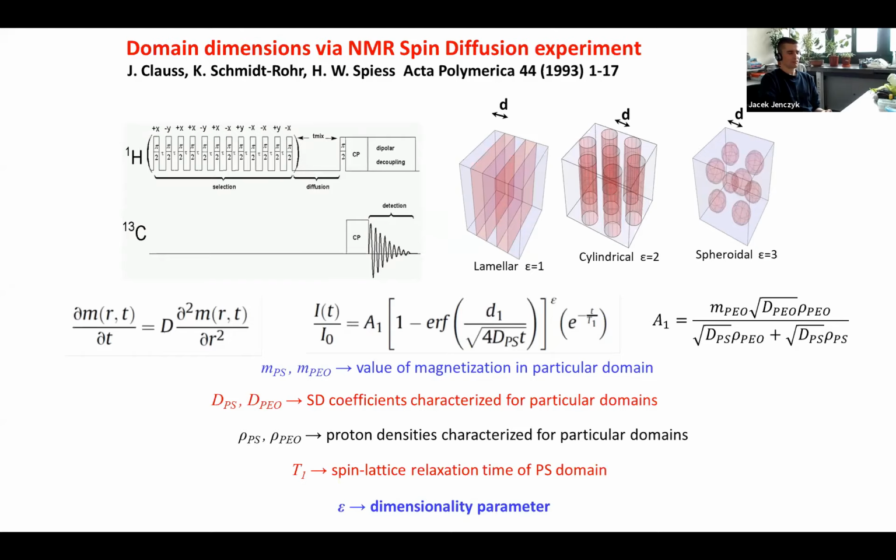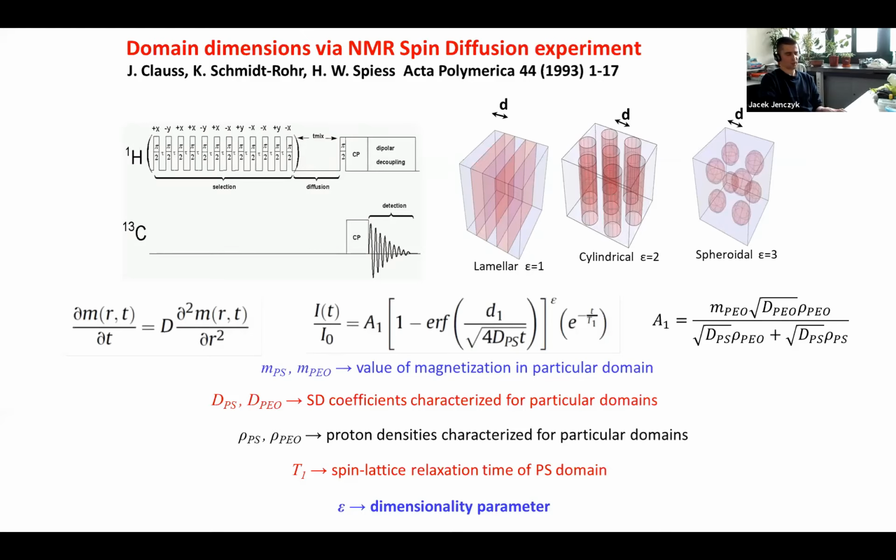That means that at room temperature, this particular domain behaves as a very viscous medium. So we have two different polymer chains covalently linked together. One is stiff and one is very mobile.